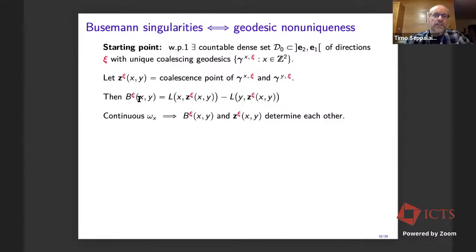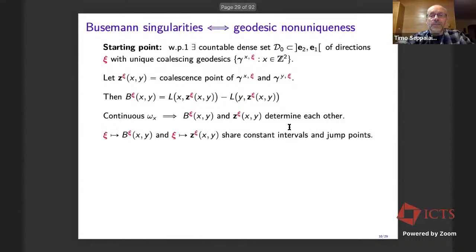But why does the left-hand side determine where the coalescence point is? Well, with continuous weights, I can assume with probability 1 that all finite linear combinations with integer coefficients are non-zero. So then there are no two finite paths on the lattice with the same total weight. And that's why these two sides determine each other.